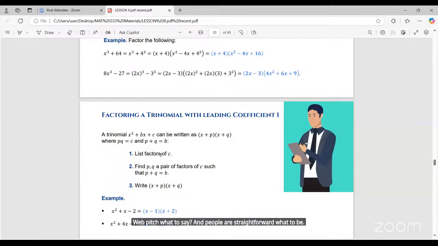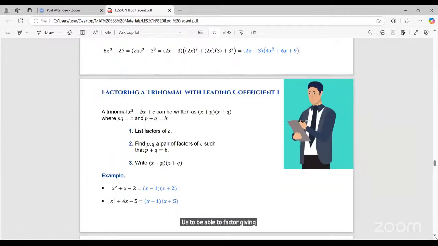List factors of c. Find p and q, a pair of factors of c, such that p plus q equals b. Then we write (x plus p)(x plus q). This allows us to factor directly. We list out the factors.